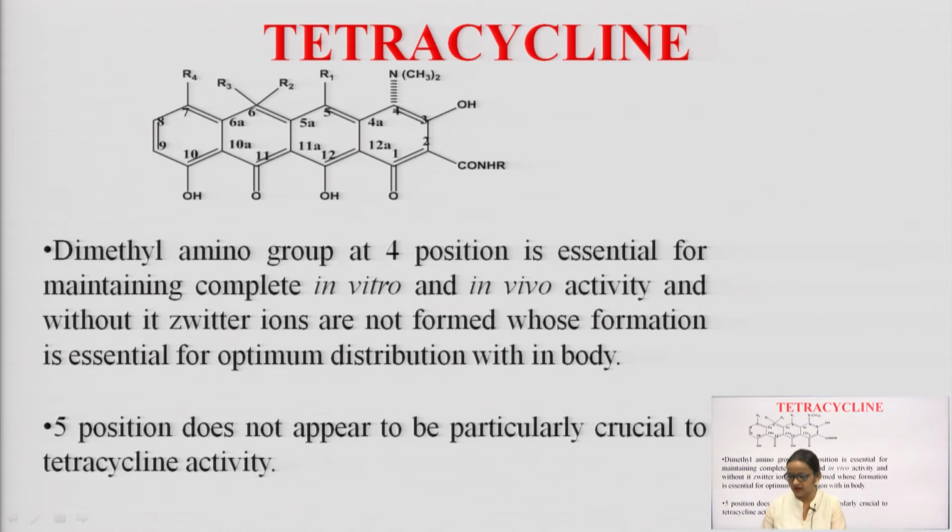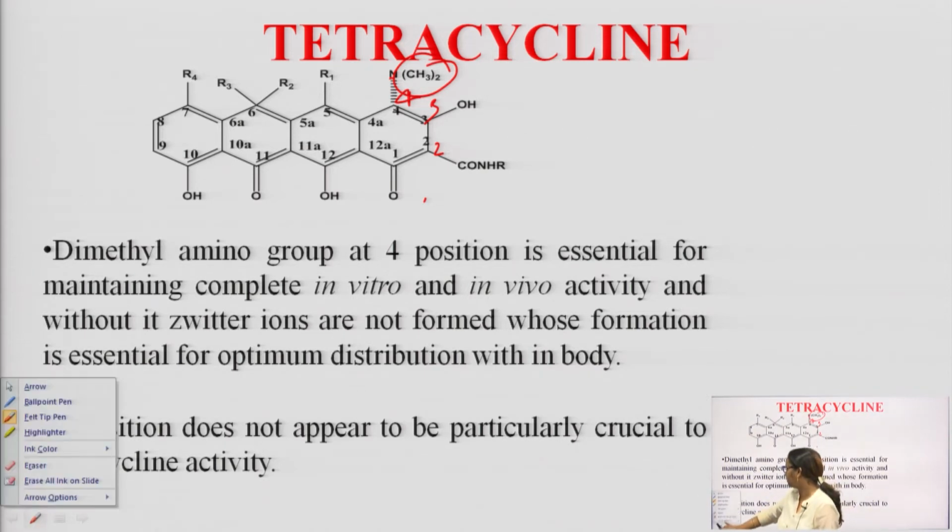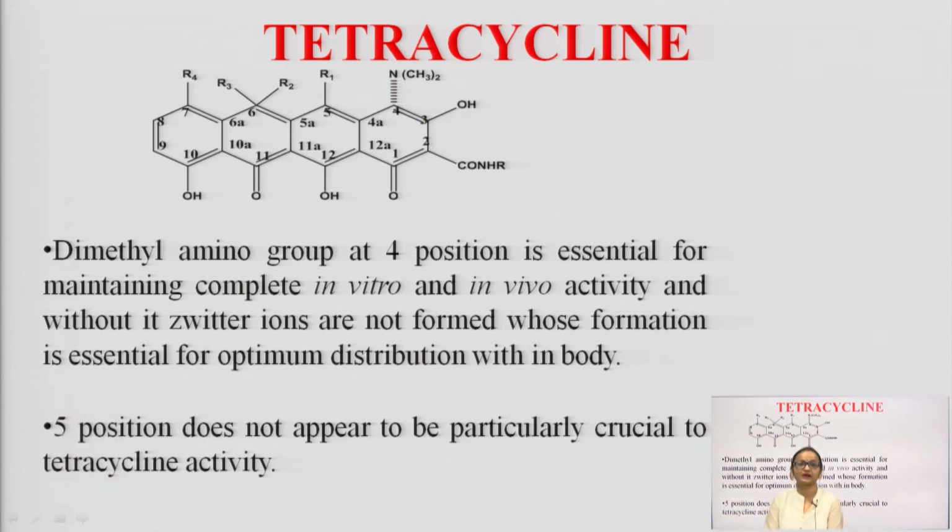Next, the dimethylamino group at the 4th position; we have seen 1, 2, 3. At the 4th position, the dimethylamino group is essential for maintaining complete in vitro and in vivo activity, and without it zwitterions are not formed, whose formation is very essential for their distribution within the body.